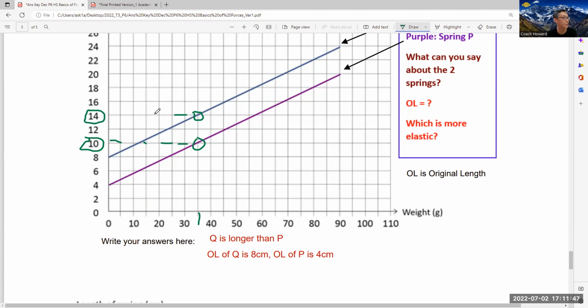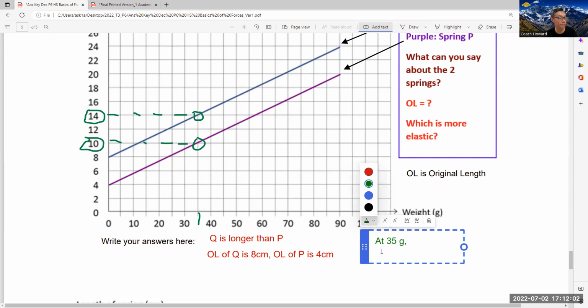So I want to calculate the extension, to see which is more elastic. At 35 gram, the extension of P equals, extension means final minus original, P is 10 minus 4, equals 6 cm.